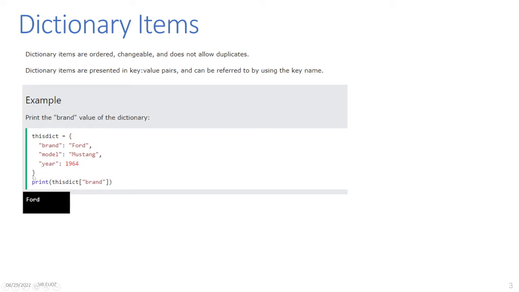If you want to print the brand, you can refer to the key. So print this dic, then square brackets, then the key, brand. So this will give us Ford.